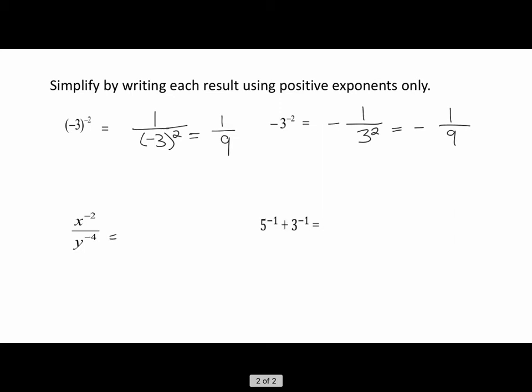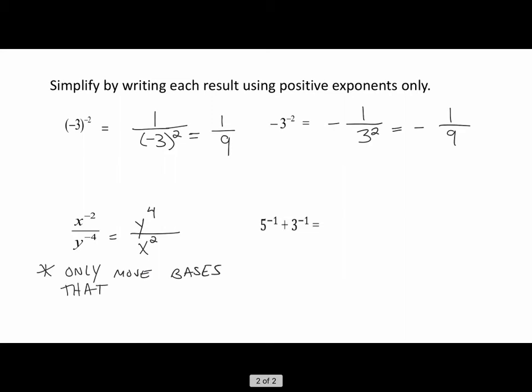Our next example, any base that has a negative exponent will flip over the division bar. So x will move to the denominator so that it has a positive 2 exponent. Y will move to the numerator so that it has a positive 4 exponent. The trick here is you can only move bases that have a negative exponent.